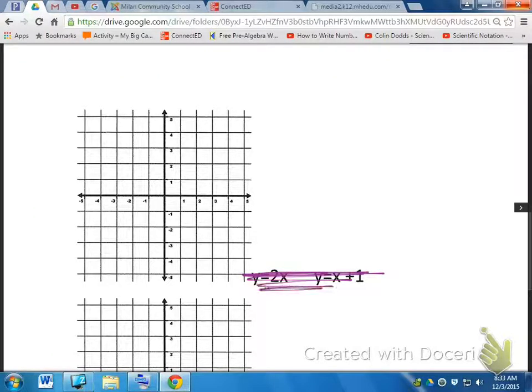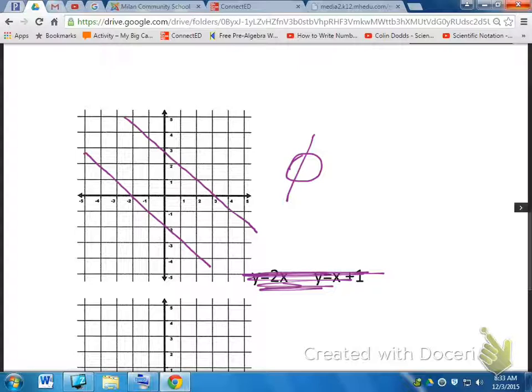So you might want to just do graphs without even putting numbers on it. If I have one line going like this and another line going like this, where are they ever going to intersect? Never. So the answer to that would be empty set. You would have to answer empty set.